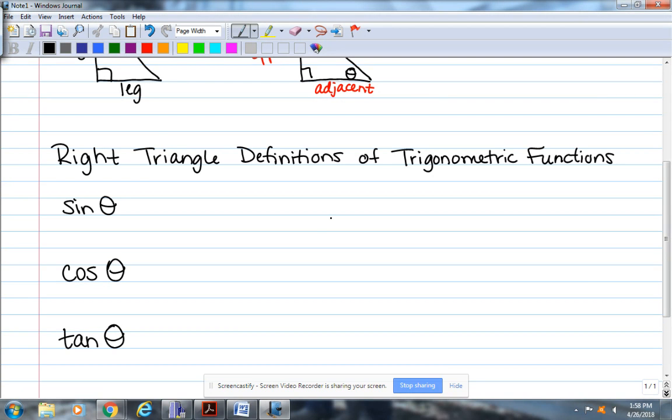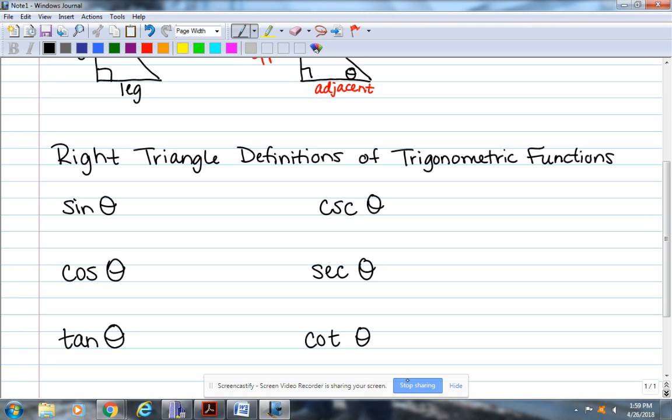And then we have the inverse functions called cosecant, secant, and cotangent.